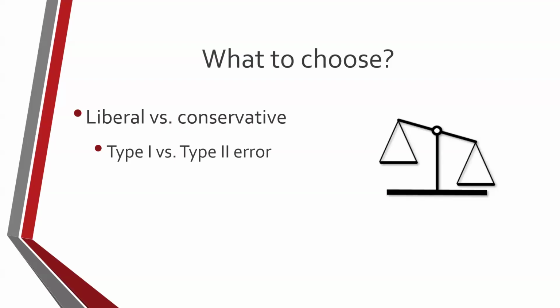This means that the test could be more likely to report a false positive, or a type 1 error, or a false negative, type 2 error. So the first 4 tests listed in ARM, those 4 from the last screen, we arrange with the most liberal on top to most conservative.